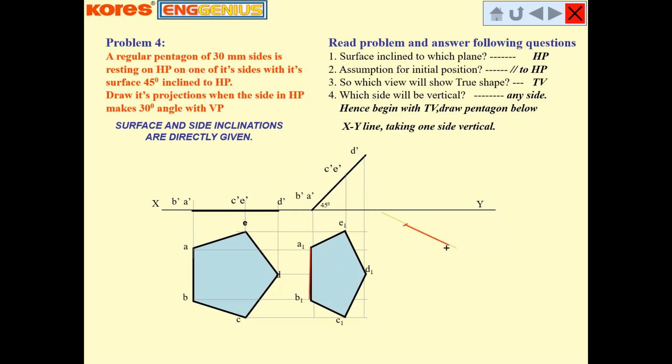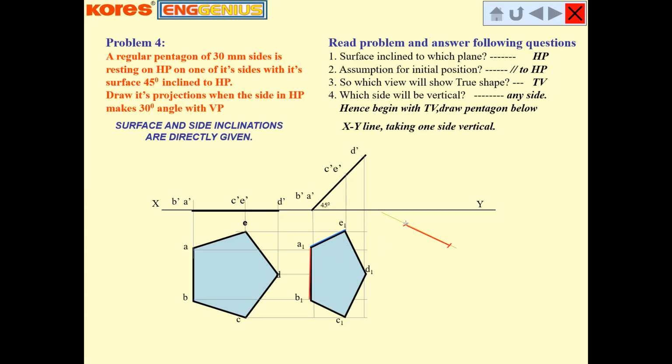After that, what we need to do? Once we find A and B, we need to find the remaining points. To find the location of the remaining points, you can utilize your compass. How? You need to measure this distance, say for example A to E, with the help of your compass. By keeping its tip over here and pencil over here, you can take this much distance on your compass.